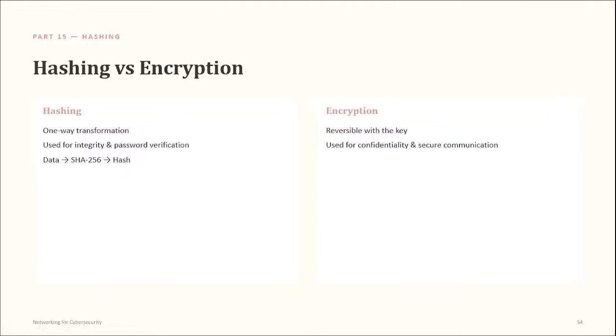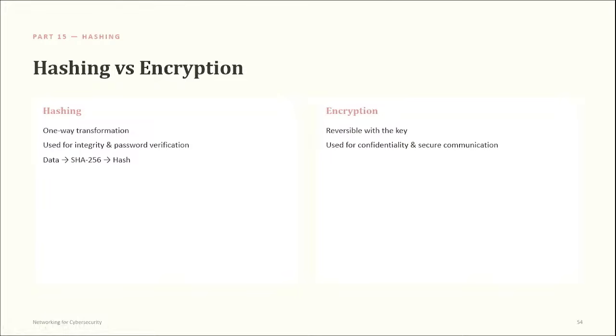Then encryption is reversible with the key. Encryption has two types: symmetric and asymmetric. Symmetric uses a single key for both encryption and decryption. Asymmetric uses two keys, a public key for encryption and a private key for decryption. Without those keys, you won't be able to decrypt or see any information that has been encrypted.